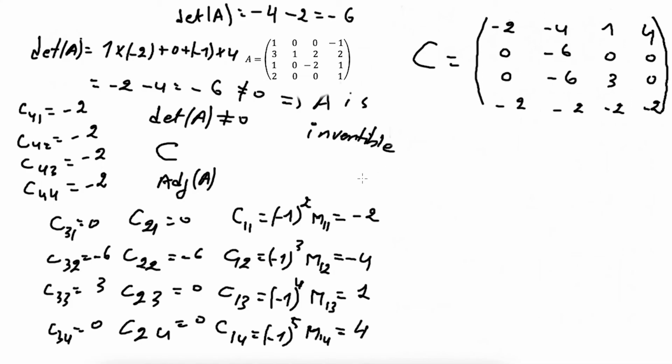And the adjoint matrix is the transpose of this matrix C, so adjoint of A is equal to C transpose.